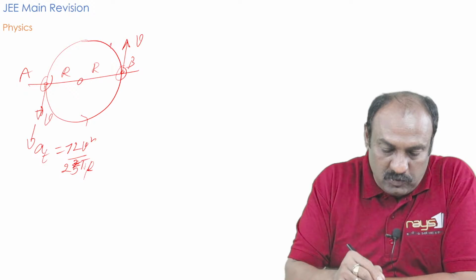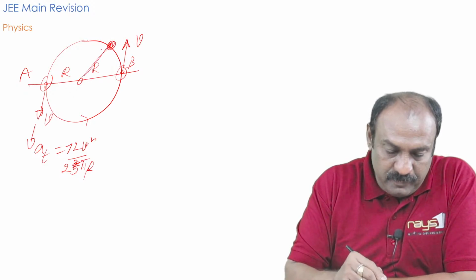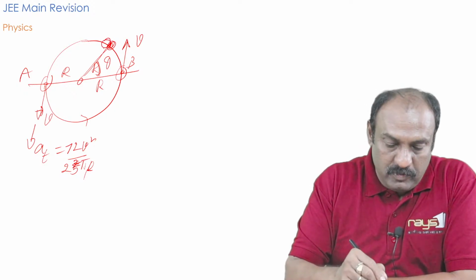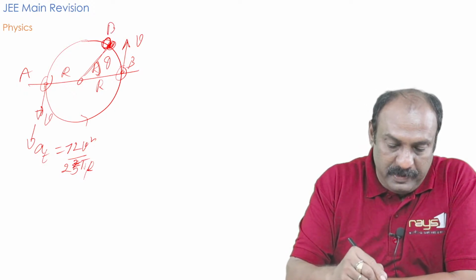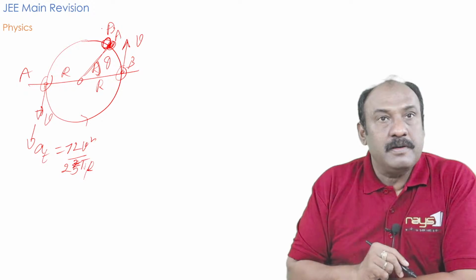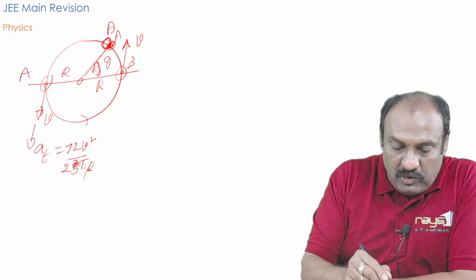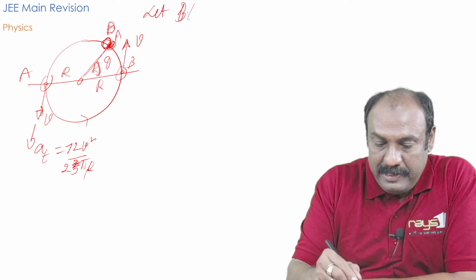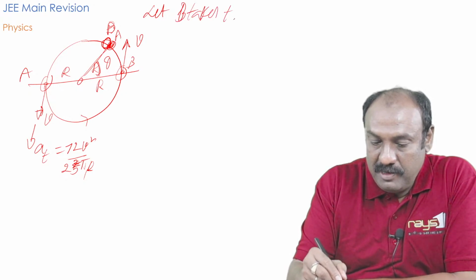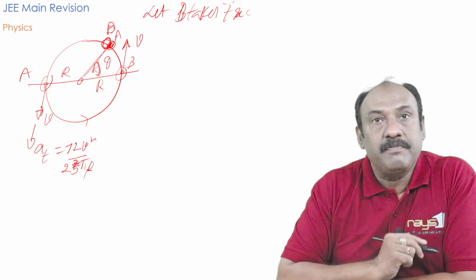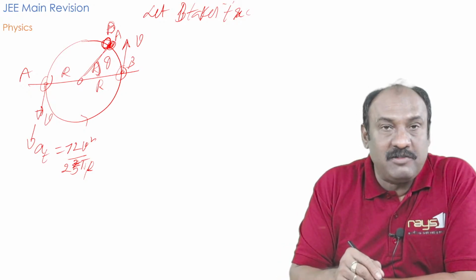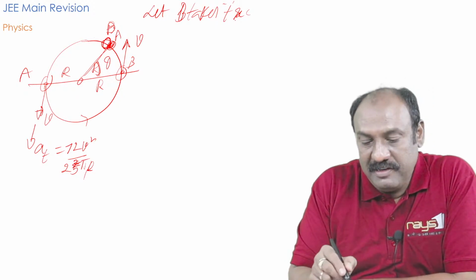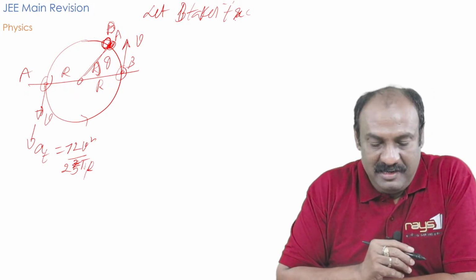So both are supposed to collide at this point, the point of collision of A and B. Let B take t seconds to reach this point. At the same time, A also collides with B. So time of collision is t seconds.